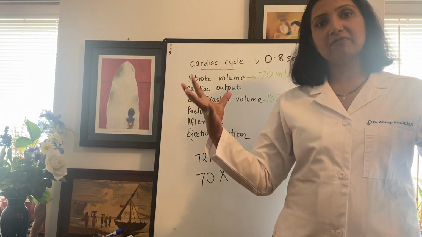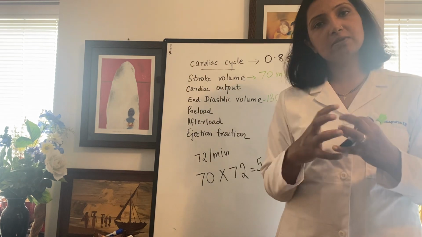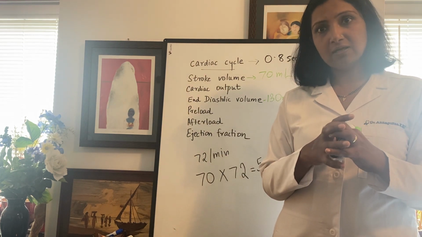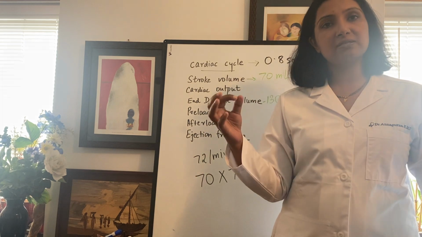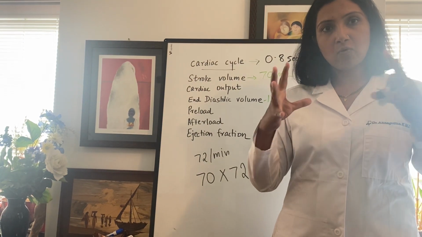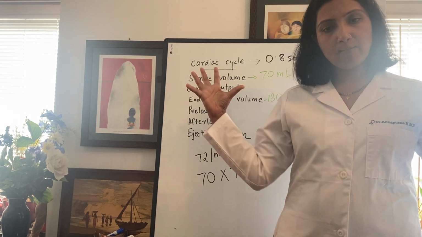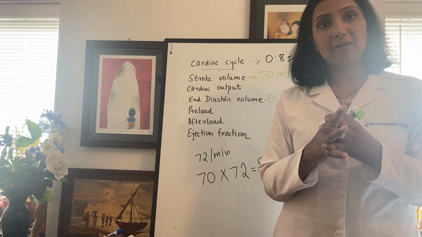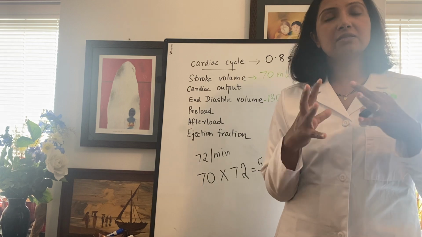That is, the initial length of the muscle fiber is directly proportional to the force of contraction. So the more my ventricle is stretched, the more forcefully it would contract, but within physiological limits.